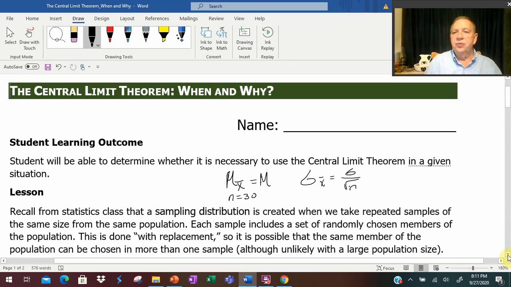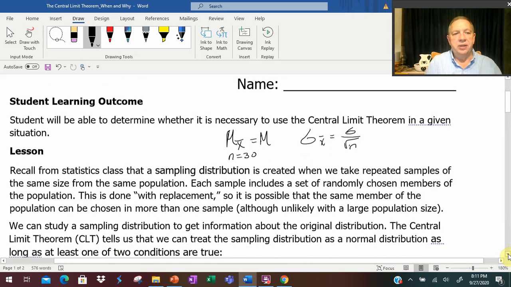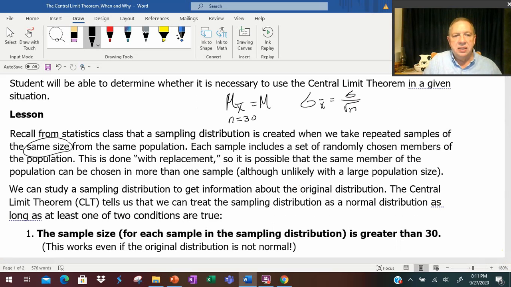Let's go through here and you'll pick out what conditions we can use for these things about the population. Recall from statistics class that a sampling distribution is created when we take repeated samples of the same size, whatever the same size n is. That sampling distribution is going to look a little different for each n size.